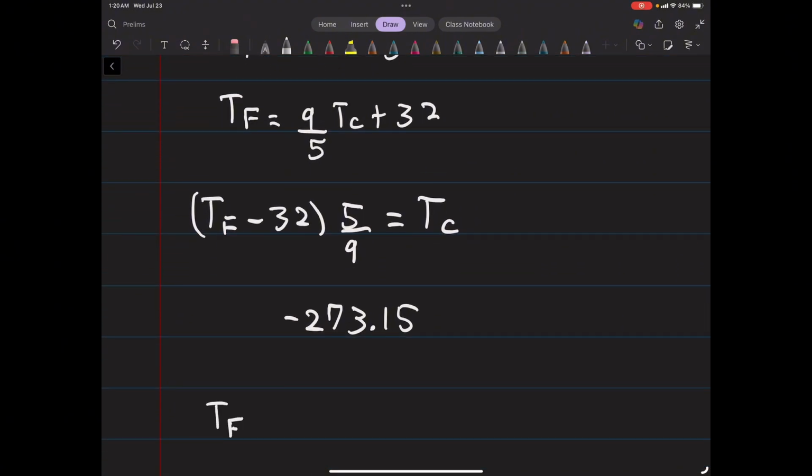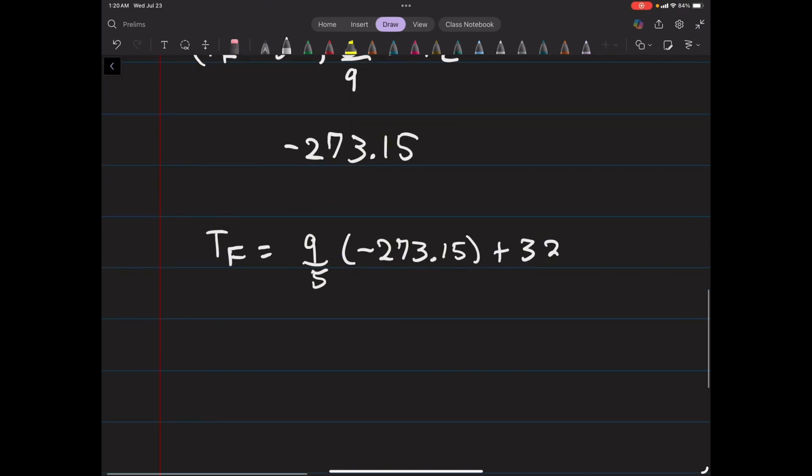So then absolute zero in Fahrenheit would be 9/5 times negative 273.15 plus 32. Alright, so 9 times negative 273.15, and then we're going to divide that by 5.